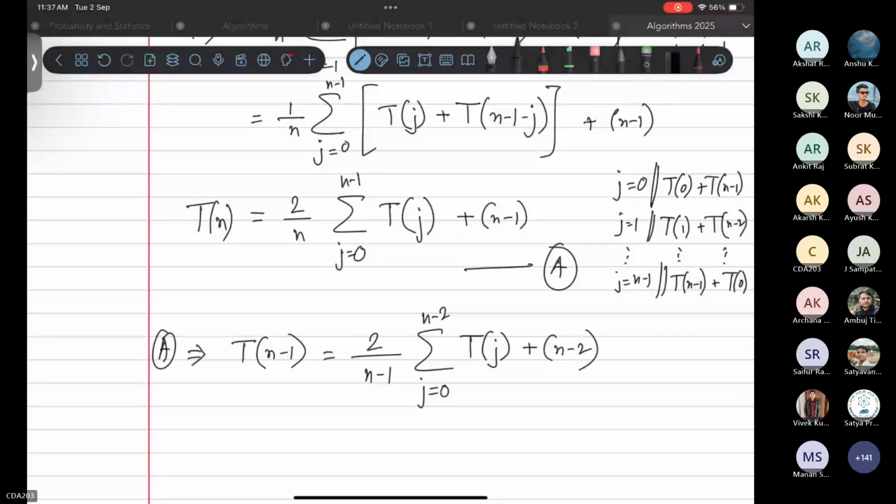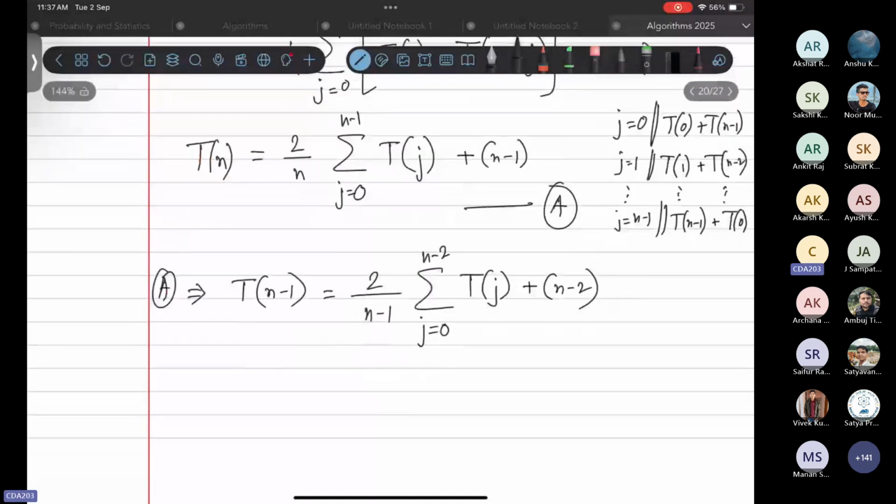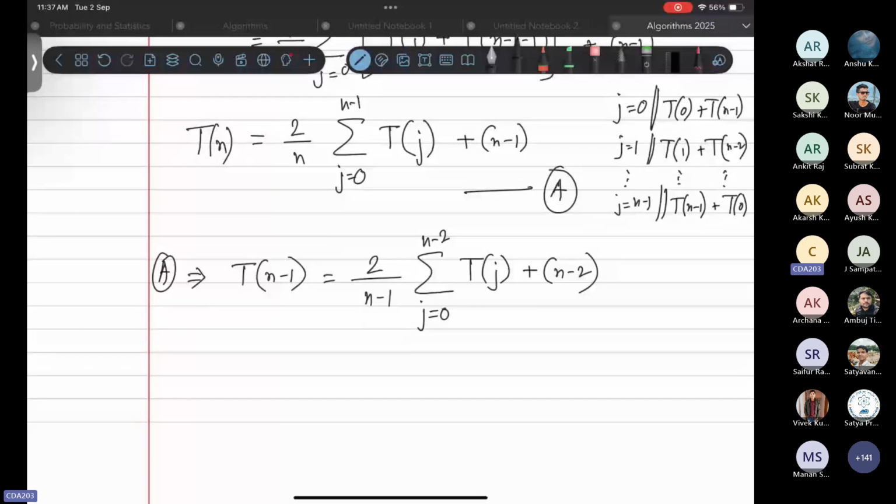So if I rewrite this again, I multiply this by n minus 1 and divide by n.